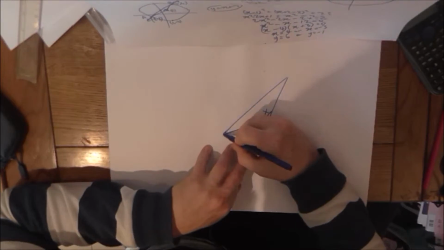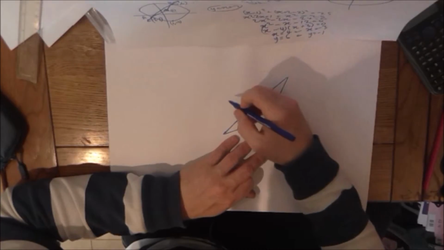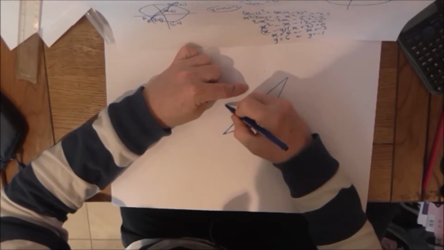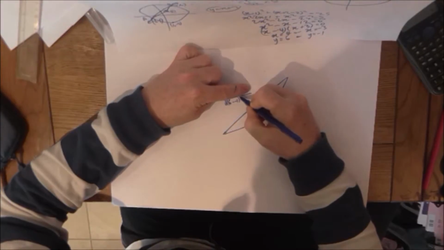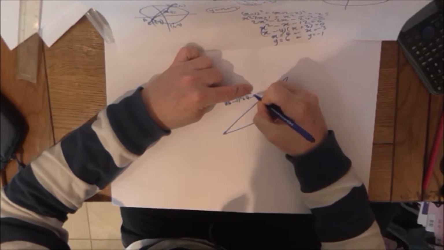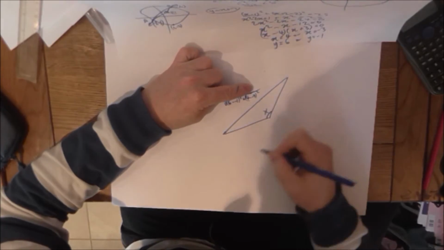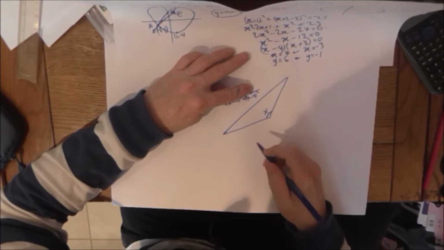Now this distance here is 6 minus -1 squared plus 4 minus -3 squared. That's the distance formula on that.